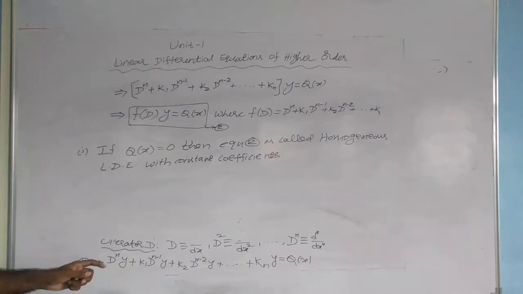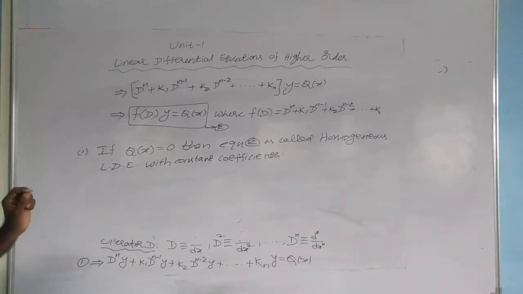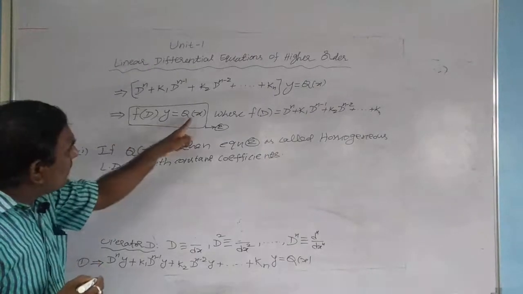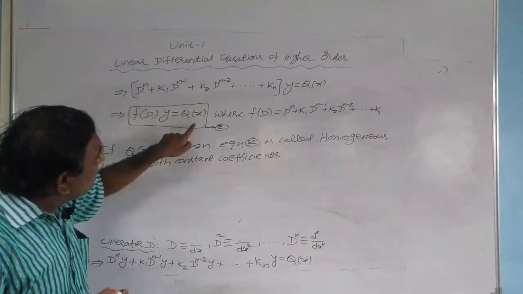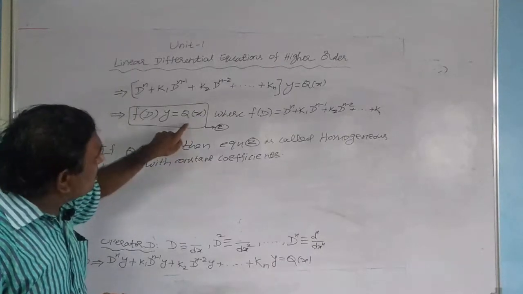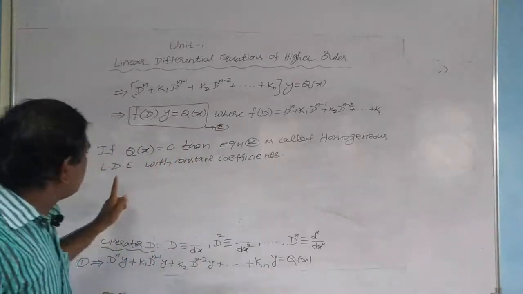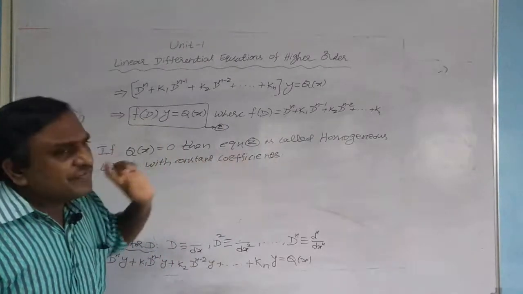Now see that if Q of x is equal to 0, then equation 2 is called the homogeneous linear differential equation with constant coefficients.